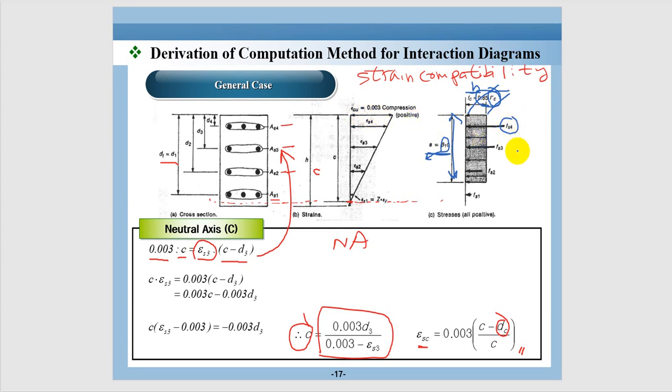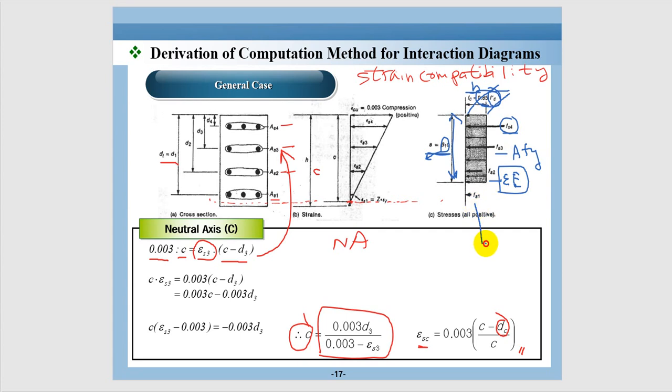And also we can calculate the force contributed by the rebars of each layer. So it is nothing more than As times fy, and fs is epsilon times Young's modulus.